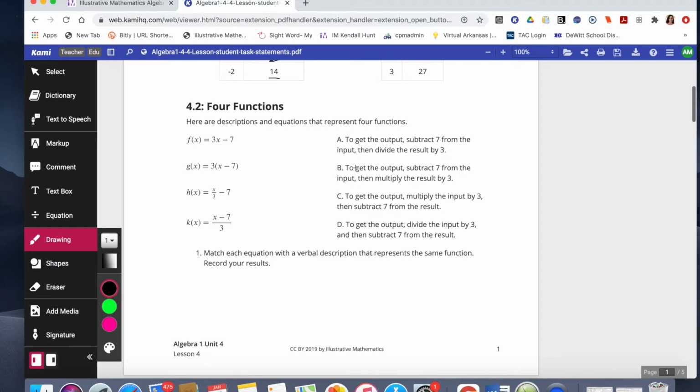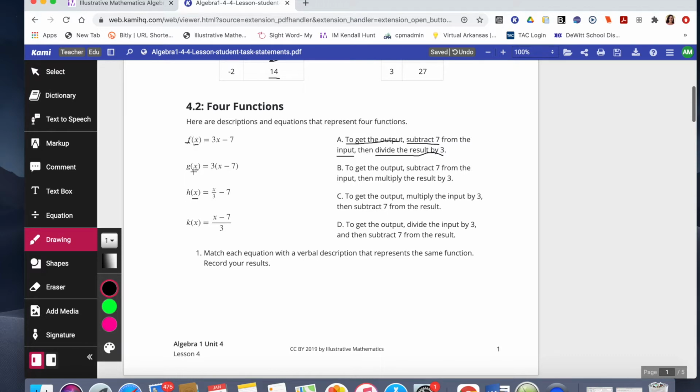All right, so looking at A, to get the output, you have to subtract 7 from the input, then divide the result by 3. So we're going to subtract 7 first. And our input in every single one of these is x. Because remember, this is our name of our function.